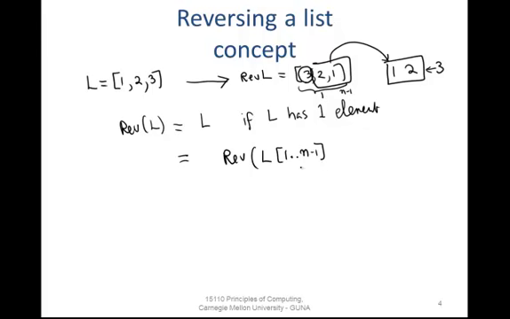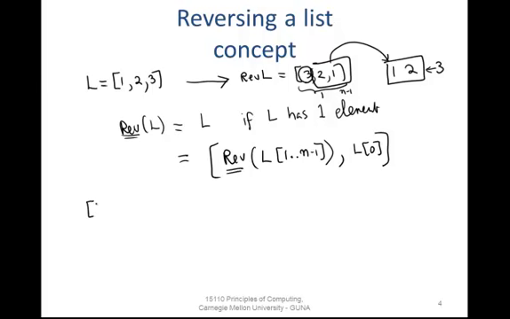So if you somehow magically reverse it, notice that it is the same function. If you can magically reverse the tail of the list, which is all the list except the first one, and then take that list and append the first of the list to it, you would get the reverse of the original list. Now how does this concept work?